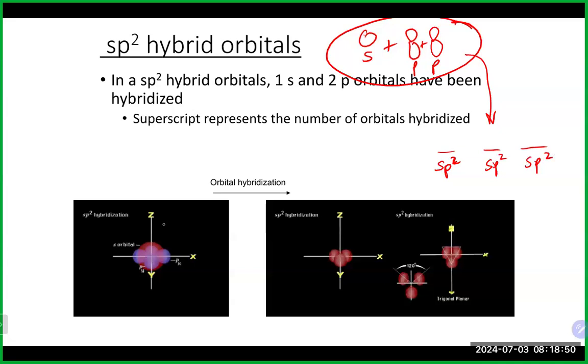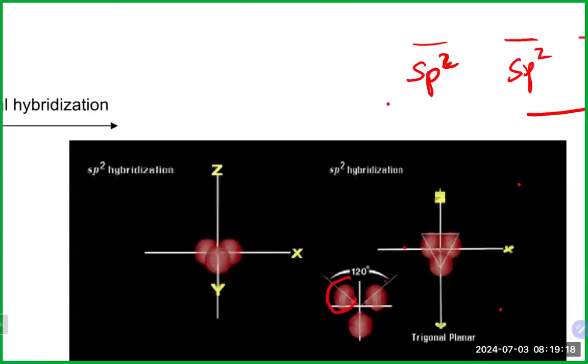You can see that here: that is our s, the circle, one of the p's, and the second p orbital on a different axis. They hybridize once again and create these three hybrid orbitals. The bond angle, as you can see, is 120 degrees.